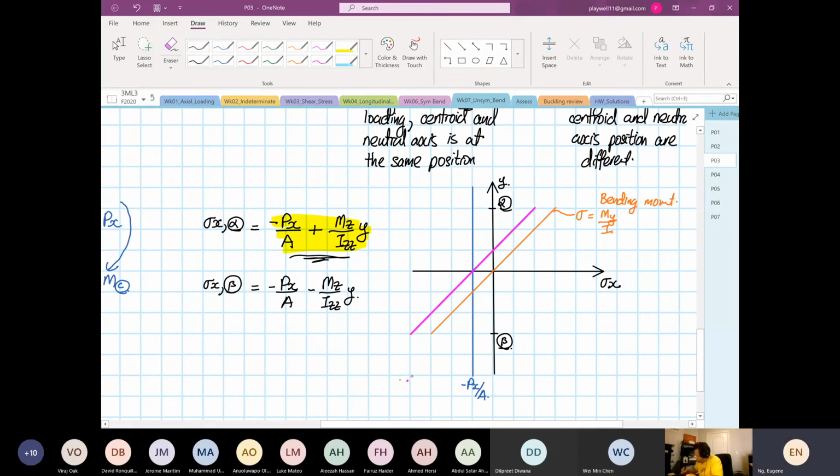So this pink line that we drew now, this is your stress X equal to Px over A plus My over Iyy multiplied by Z. There's a shift. As I said, don't worry about the sign, okay? So from here, we know that at the top, this is how the stress field will distribute. And then over here, you'll be going compression.